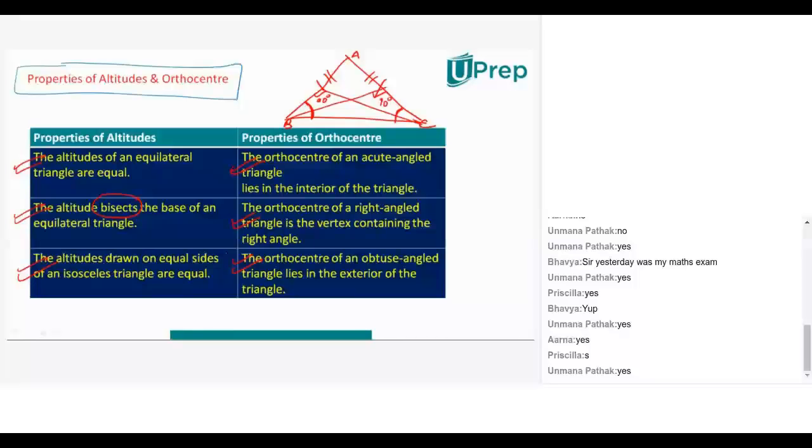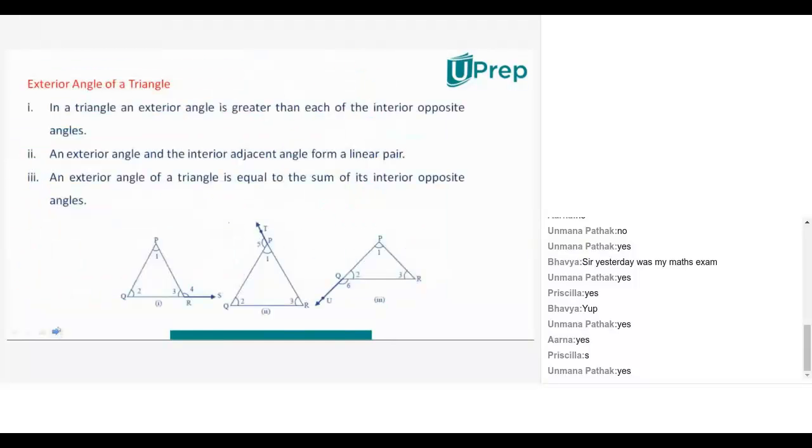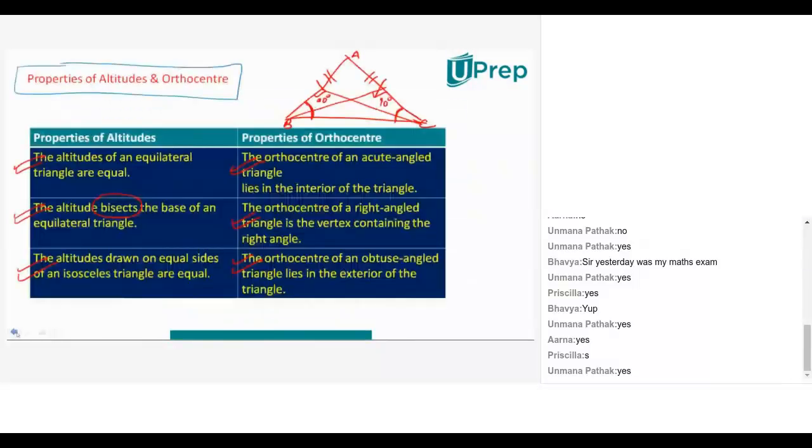Let's look at our next concept, a very interesting concept about exterior angles. What is an exterior angle? Who can tell me what's an exterior angle first?